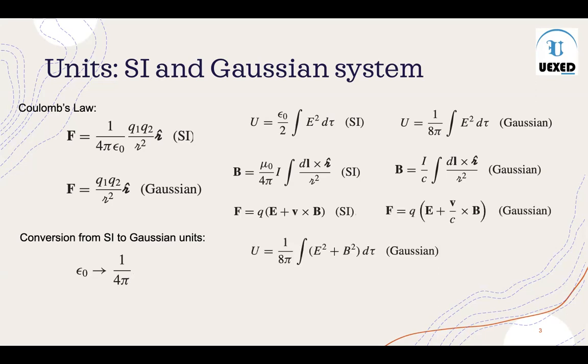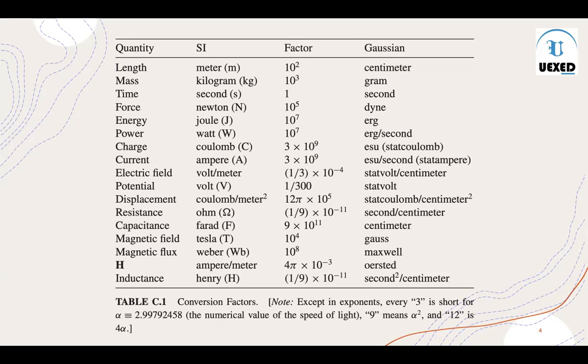We talked about the Lorentz force, and the electric field and energy in the electromagnetic field from Gaussian to SI units. These are very important for competitive examinations, and for the general understanding of converting units from SI to the Gaussian system. This is the whole list, which I put there so that these conversion factors can be remembered and used further when we need them.